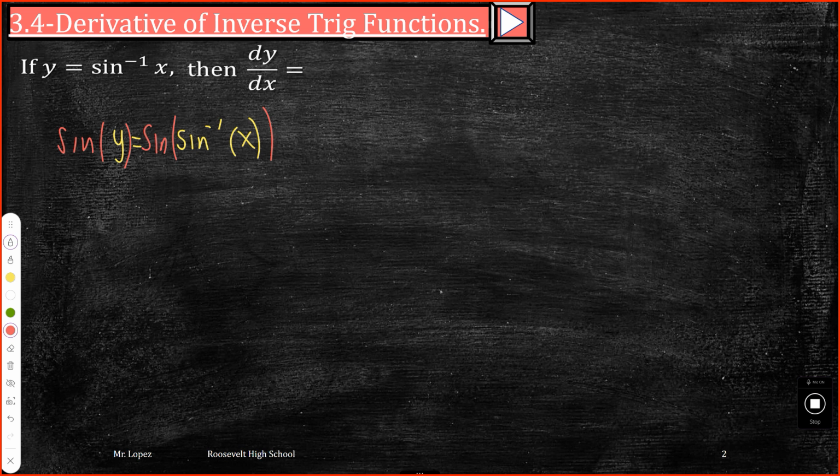So we're taking the sine of both sides. On the left side, sine of y is going to equal... These undo each other. So sine y equals x now, because sine and sine inverse cancel. So we're going to have x.